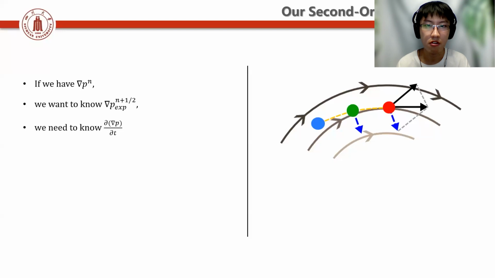Returning to our paper, in order to achieve the above goal, we assume that we have the pressure gradient at the beginning of the current time step, and we only need to get the local rate of change of the pressure gradient with time at any grid point.